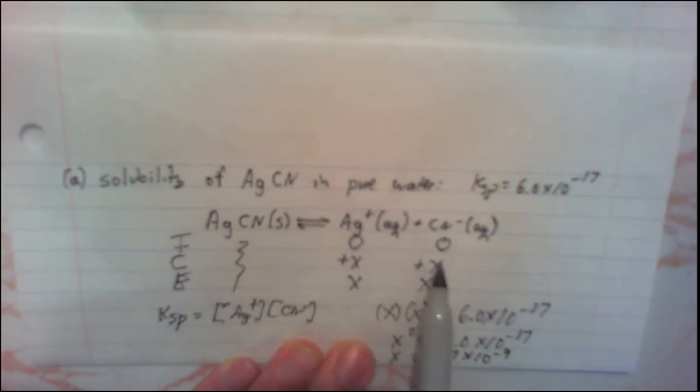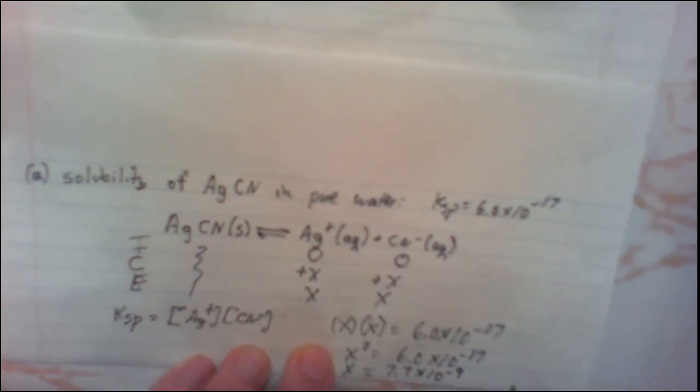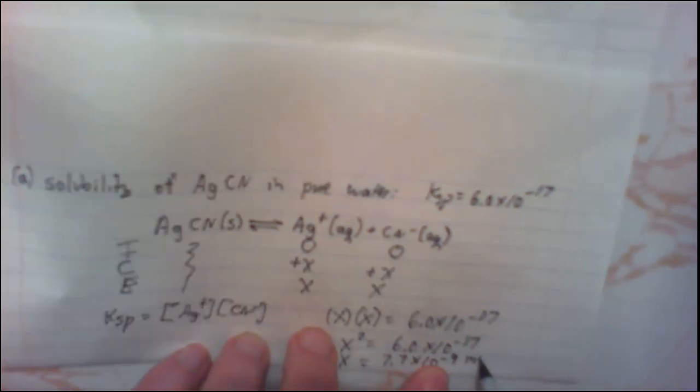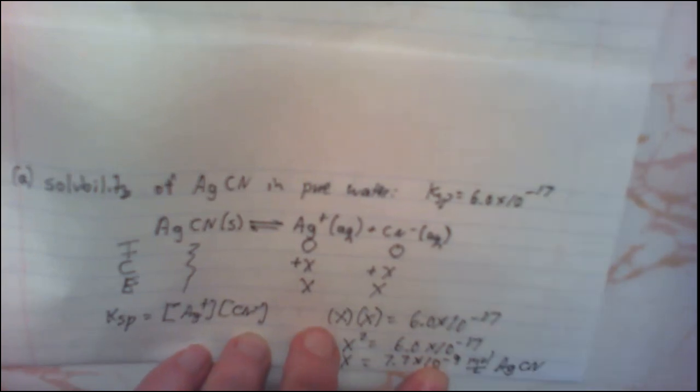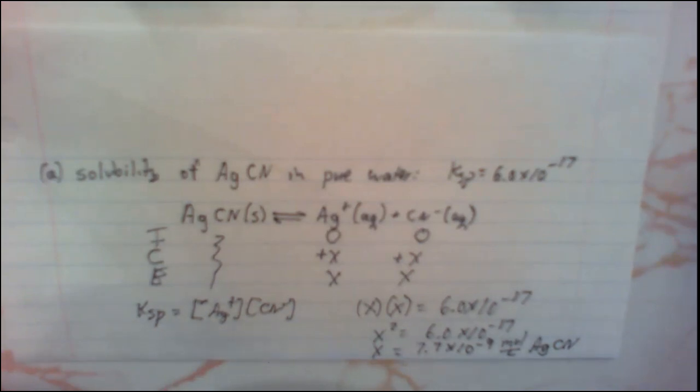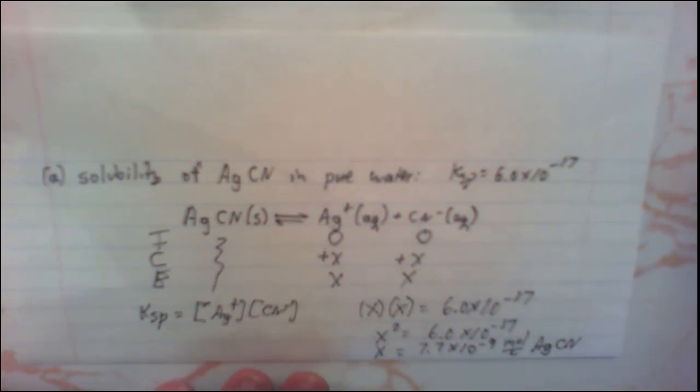But because everything's a 1-to-1 ratio, this number also is the molar solubility of silver cyanide in pure water. So only about 7.7 nanomoles per liter of silver cyanide can dissolve per liter of solution. So that's the molar solubility in pure water.